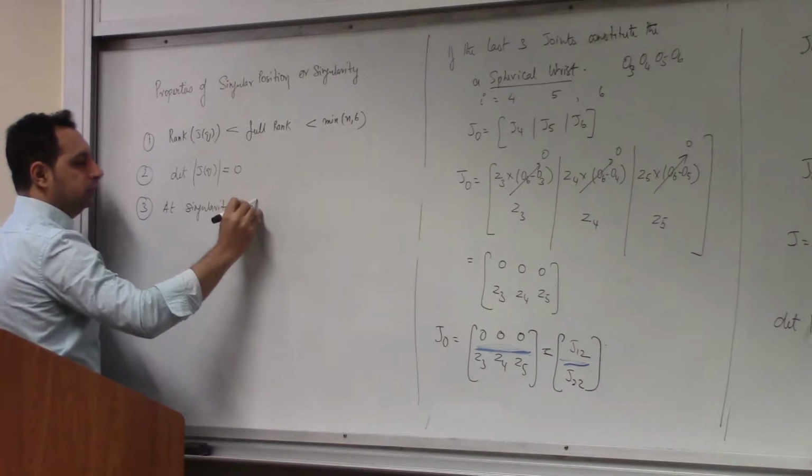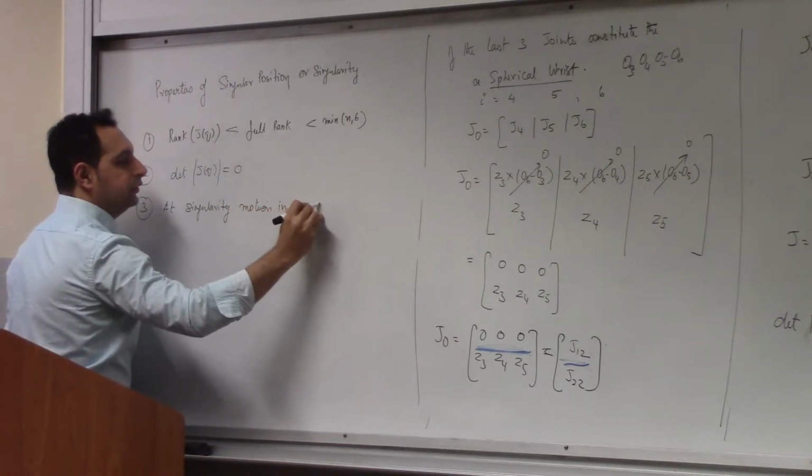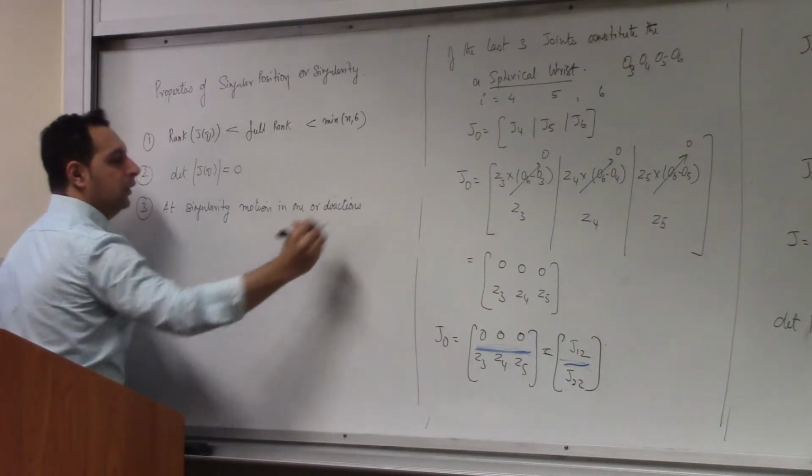And the third one is that at a singularity, motion in one or more directions is not possible.